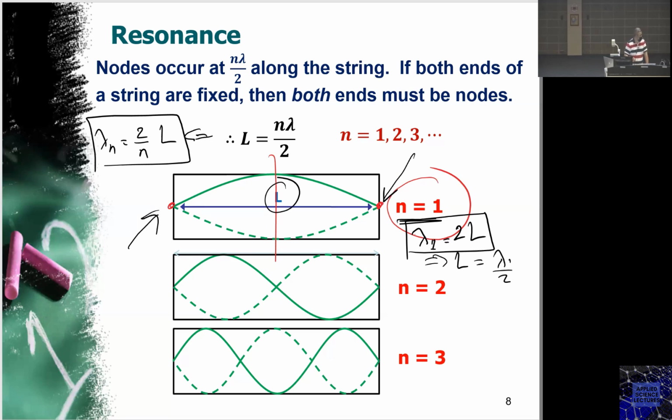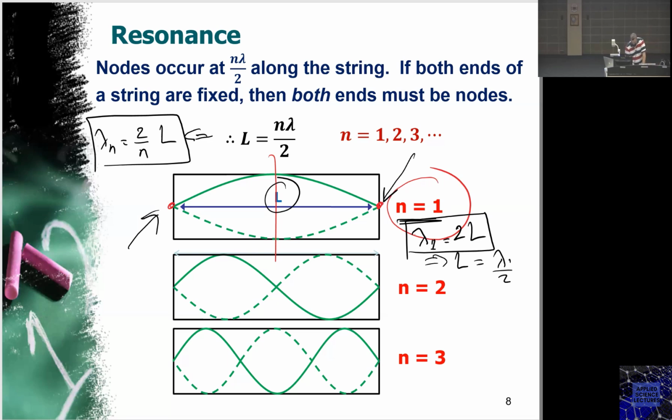Fine. If I have two antinodes, what does this mean? What's this pattern? Well, then this is the resonance of the second harmonic, because it has two antinodes. The second harmonic is a higher frequency. As you can see here, it will be double the frequency of the fundamental, which means if the frequency is doubled, this means the wavelength would be half, right?